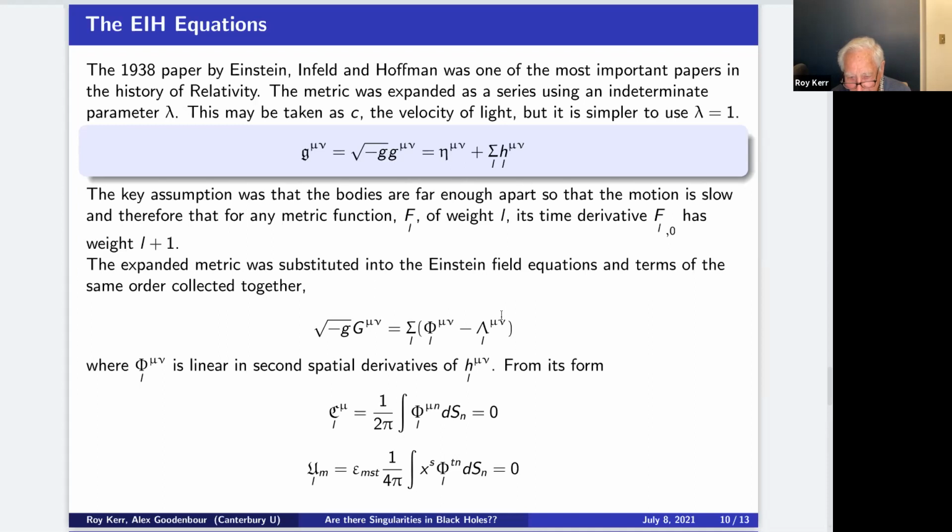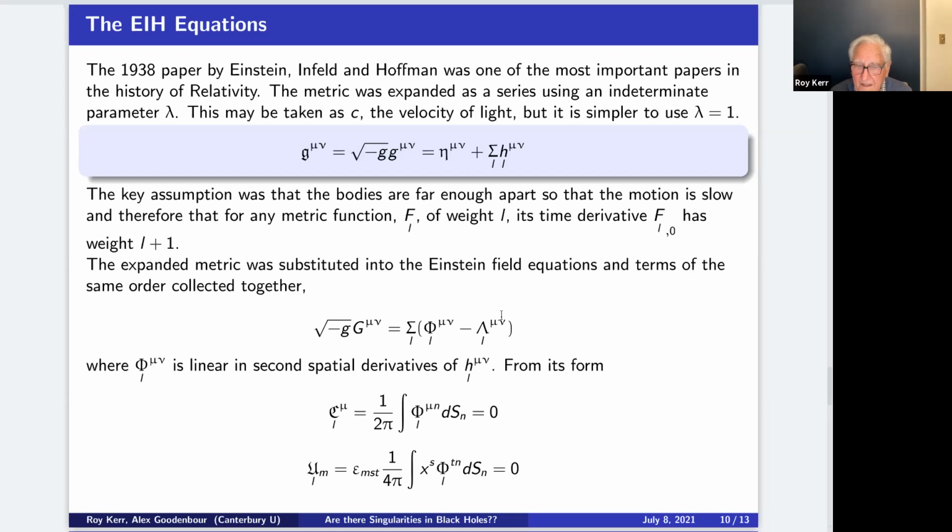This integral here that I wrote down from their paper comes from basically Stokes's theorem, used cleverly on the Einstein equations, these equations.